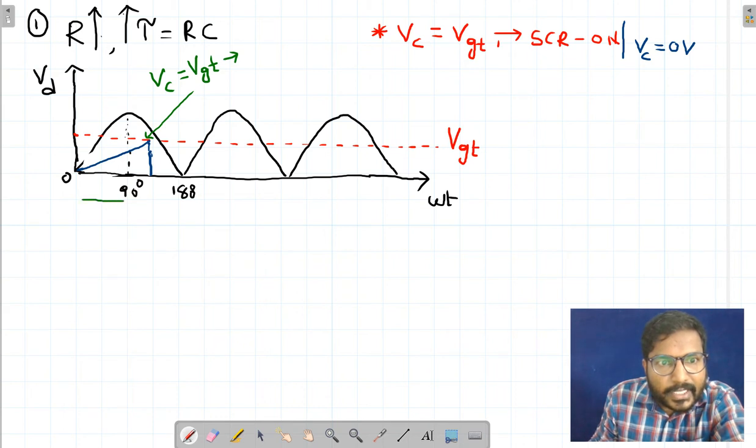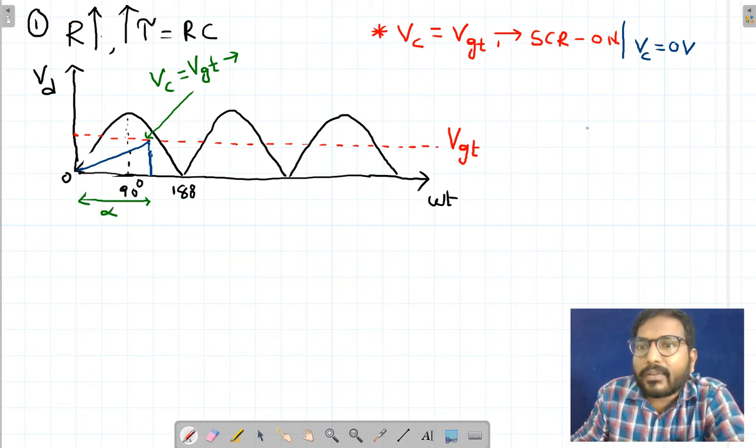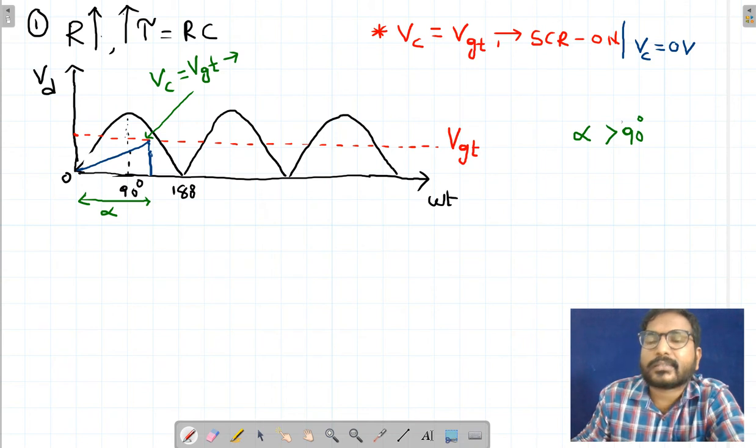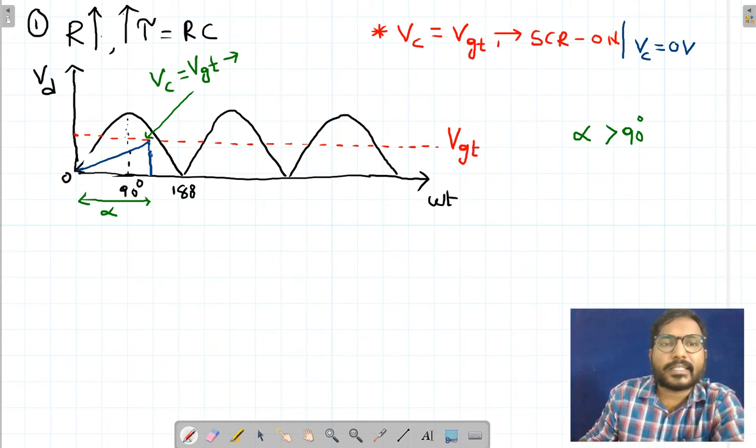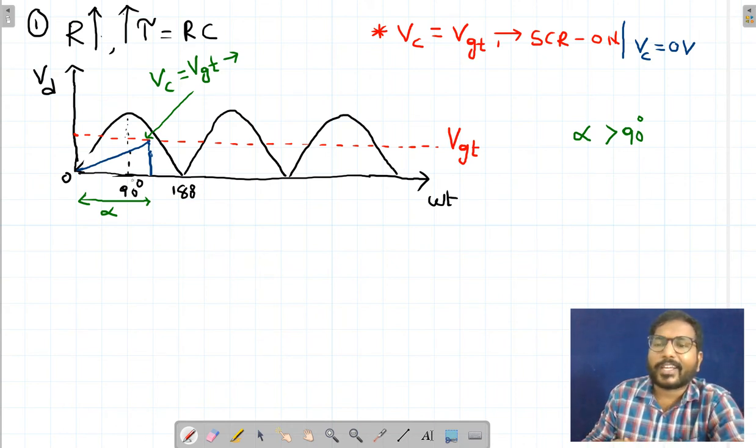How much angle is delayed here? It is greater than 90. This is called alpha. When alpha is greater than 90, there is an instant to trigger the SCR. The SCR is triggered at this instant, and the angle of this instant is greater than 90. That is the delay angle or firing angle.